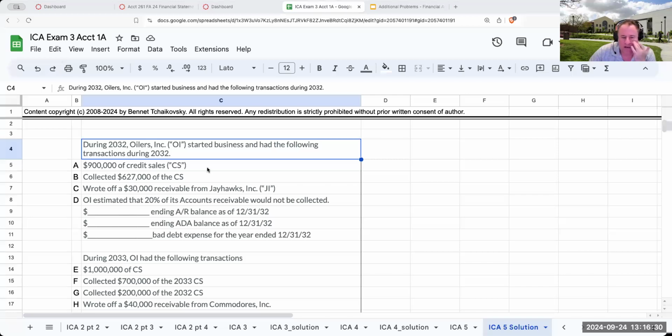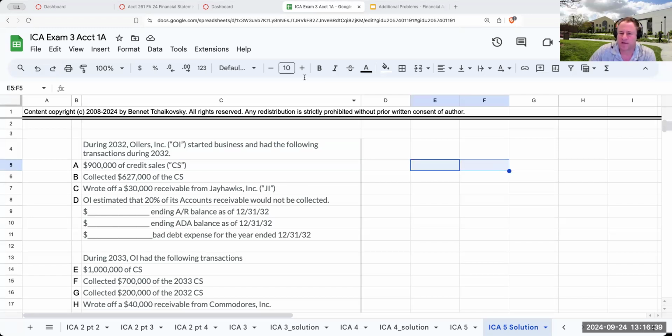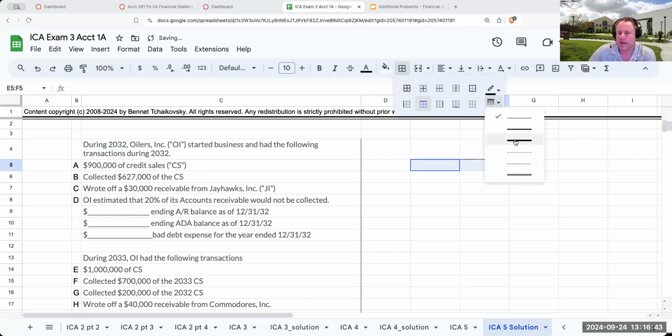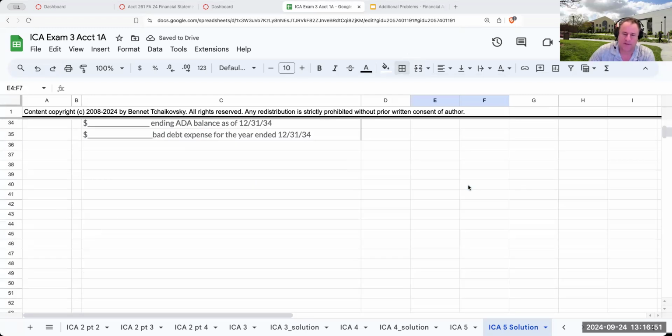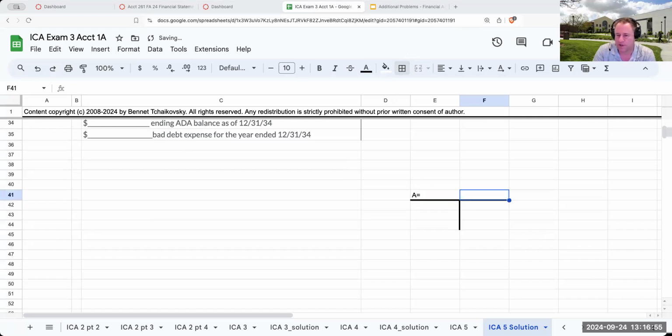So when we're going through and looking at these different types of questions, what this kind of question really represents is a place where we want to be using our T accounts. And why do I use T accounts? Because in my opinion, it's one of the best ways to learn accounting.